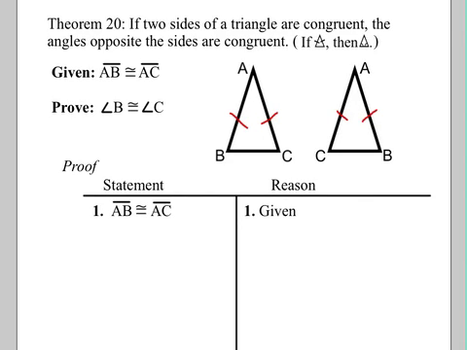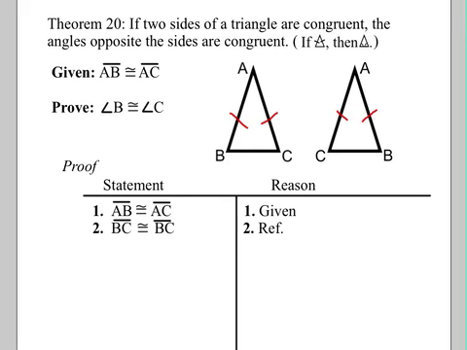And so that's the first thing we're going to write, the given, that the two legs of the isosceles triangle are congruent. And what's interesting about statement 1 is it proves that AB in the left triangle is congruent to AC in the right triangle, but it also proves that AC in the left triangle is congruent to AB in the right triangle. So that statement actually gives us two pairs of congruent sides.